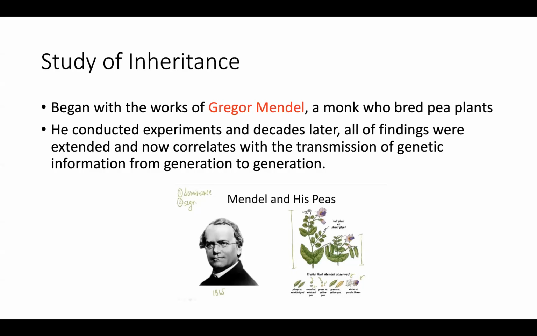Now we use the results of his work to guide our understanding of inheritance, and we now understand a lot more about how this genetic information is transferred from one generation to the next. A lot of the terms that we're getting ready to look at today were derived from the works of Gregor Mendel, and we refer to those principles as Mendelian genetics.